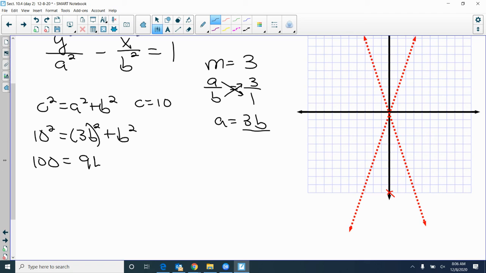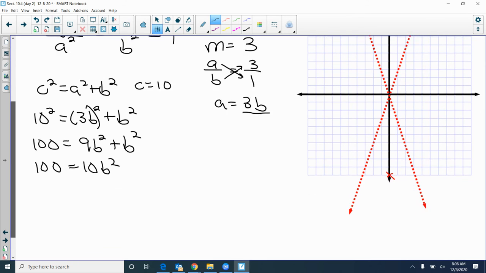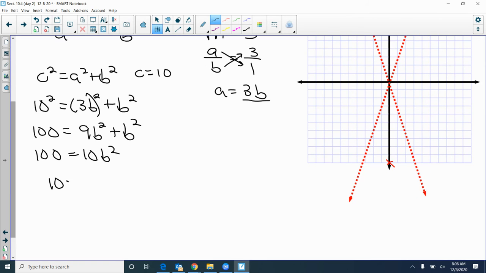That gives me 9B squared plus B squared. What's 9B squared plus B squared? That is 10B squared. Divide by 10. I get 10 equals B squared, which means B equals the square root of 10.